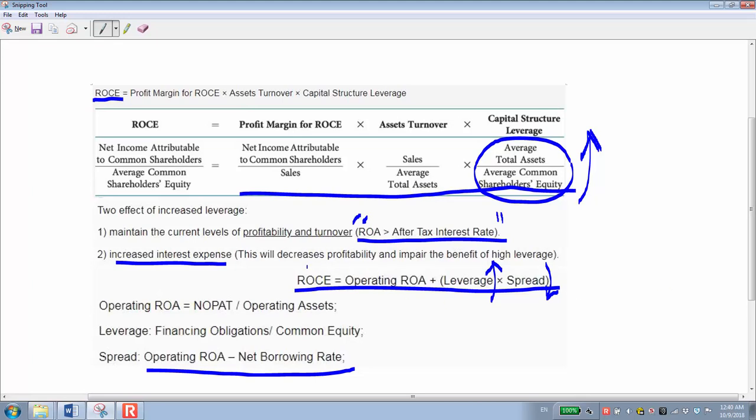So this is a good indicator for financial flexibility. The company with greater financial flexibility can keep borrowing money and also maintain a positive spread.